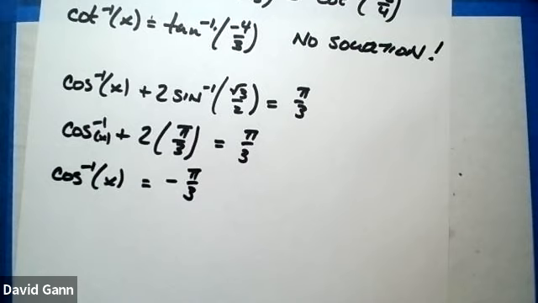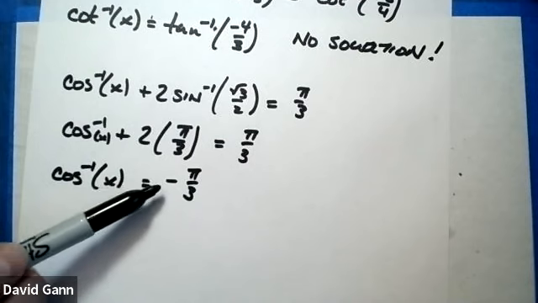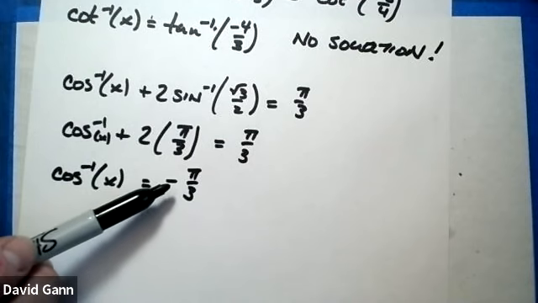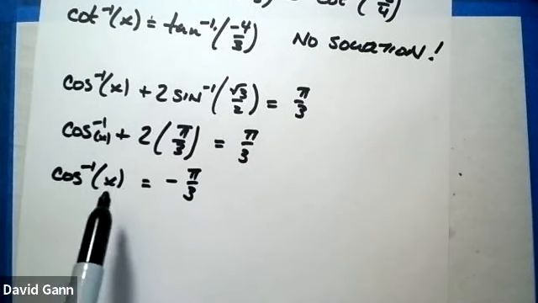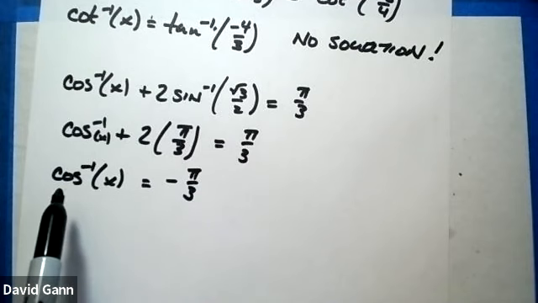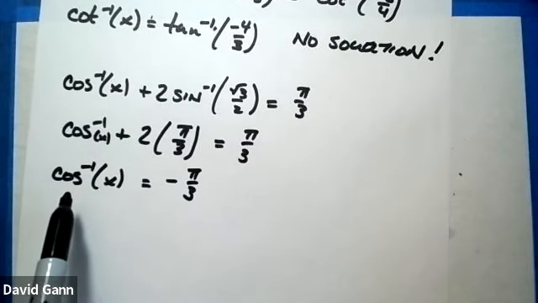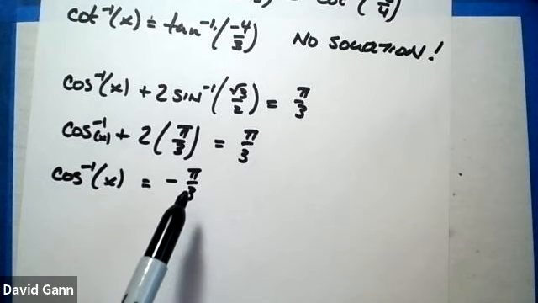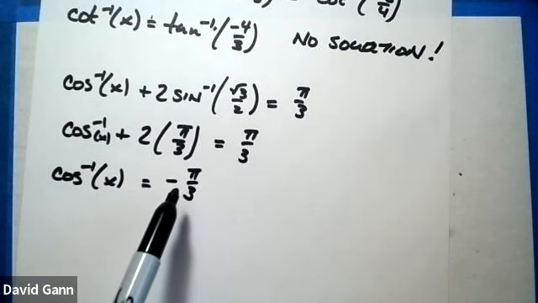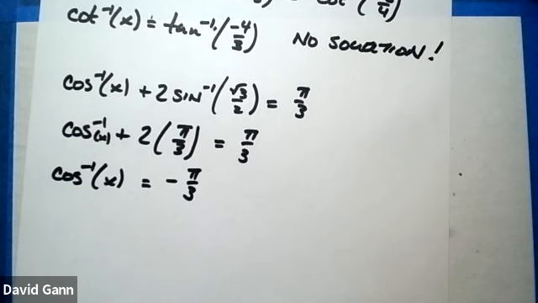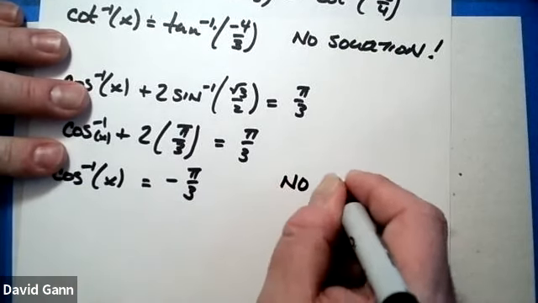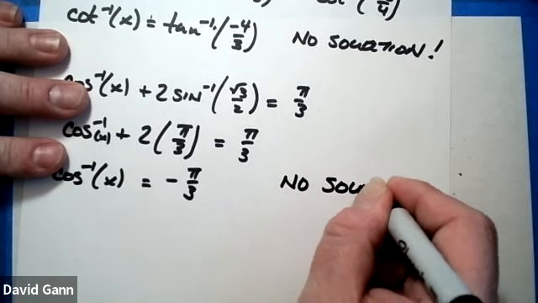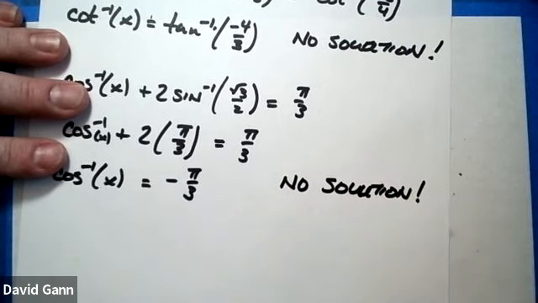And that would work under normal circumstances, except that it is not possible for inverse cosine to be equal to -pi/3. Regardless of the value of x, this is either undefined, or it is an angle in either quadrant 1 or quadrant 2. That's an angle in quadrant 4. And so it's not possible for this equation to work. And so while it looks like you could continue with a solution and find one, there really is no solution.